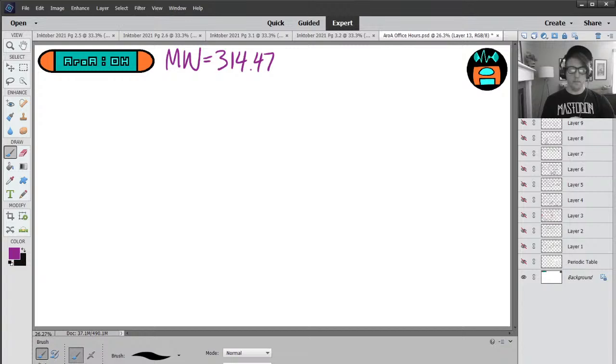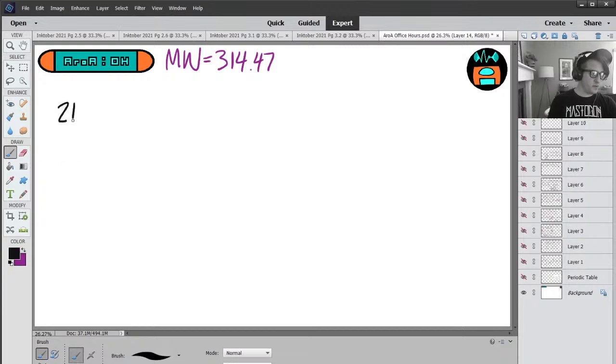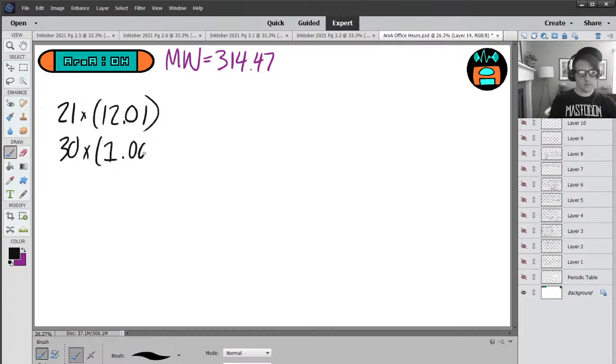Right, because we need to find the ratio between the empirical formula and molecular formula. So we will need to calculate the empirical weight. So we have 21 carbons, 30 hydrogens, and 2 oxygens.